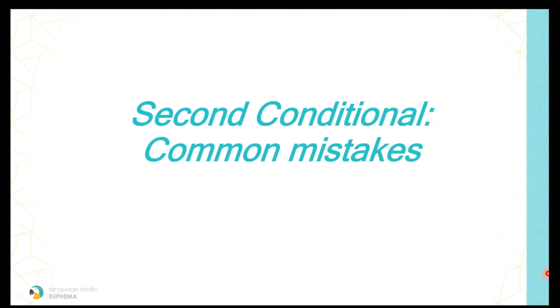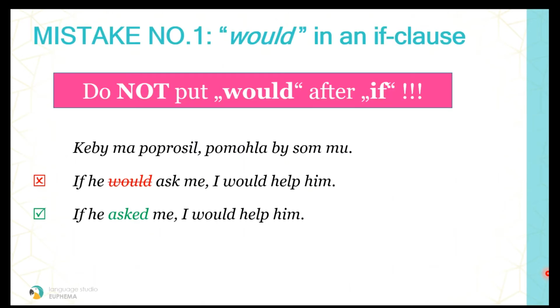Now, what are the most common mistakes that we make when we are forming a second conditional sentence? Mistake number 1, we put would in an if clause, which is wrong. The rule is that you should never put would after if in a second conditional sentence, at least not in standard second conditional sentences, okay? So let's see this example.